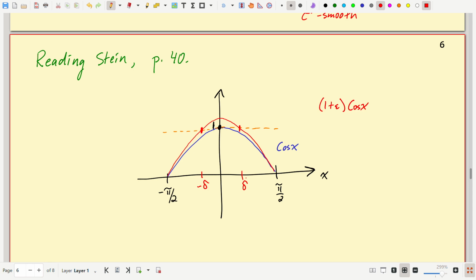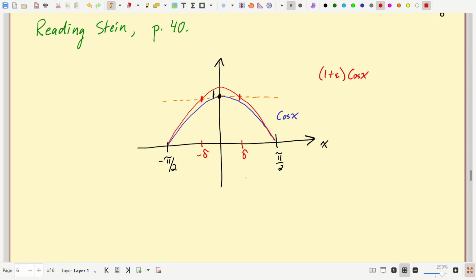I need another color. How about turquoise? I take 1 plus epsilon cosine x and raise it to a gigantic power.